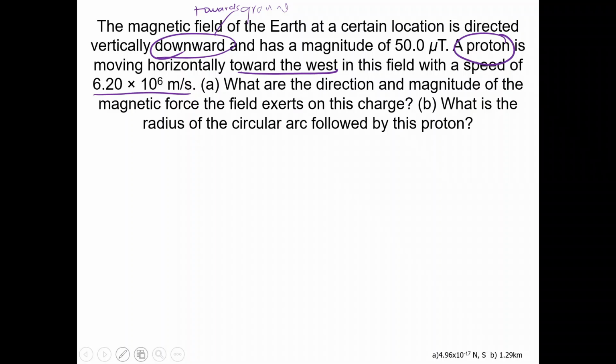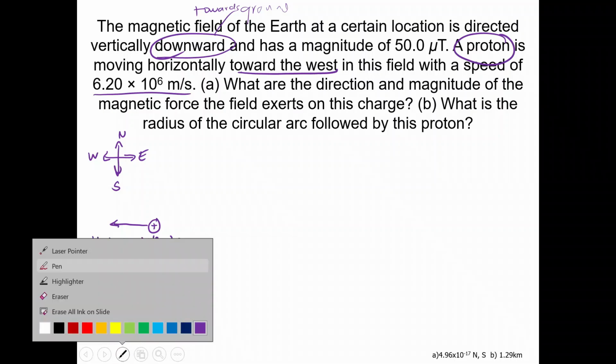So I start by drawing a picture. I have north, south, east, and west here. I'm going to assume that my positive charge is moving towards the west, and it gives us a speed v of 6.20 times 10 to the 6 meters per second.